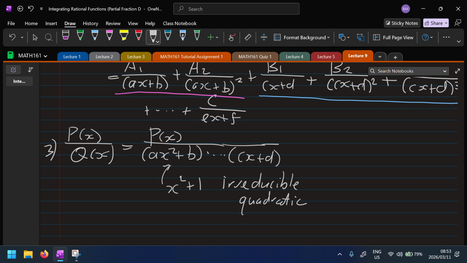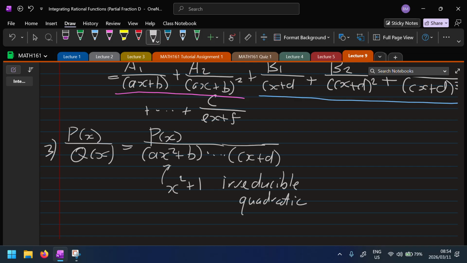Like I said, we're not going to look at cubics or anything like that. We're going to stop at the quadratics. In the tutorial, you might see a few cubic ones. We're not going to go that far. You get the idea from quadratic. Cubic is just more work that's not really needed. So a test and stuff, it will just be quadratic terms like this.